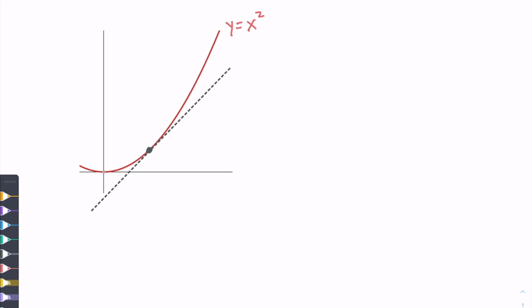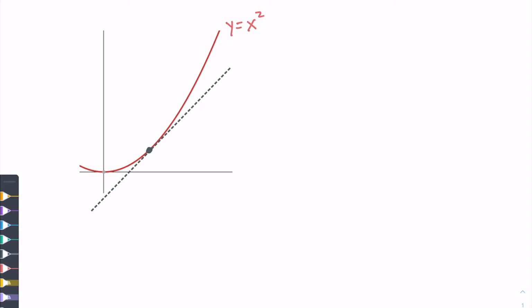If we can find the slope of this dotted line at this one spot, we could find the slope at this singular point. Because as we go around this curve, we're going to have a whole bunch of different slopes, a whole bunch of different steepnesses.